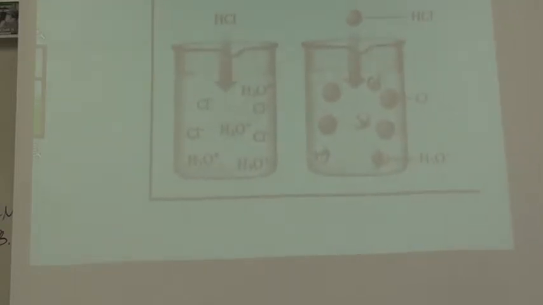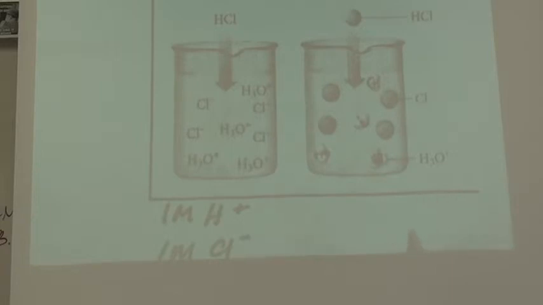Pictorially, you can look at it this way. Hydrochloric acid is a strong acid. In solution, 1 molar hydrochloric acid will yield 1 molar proton and 1 molar chloride ions. Totally breaks apart.